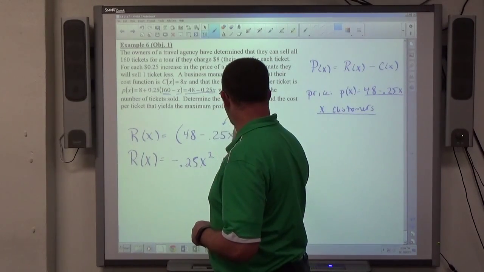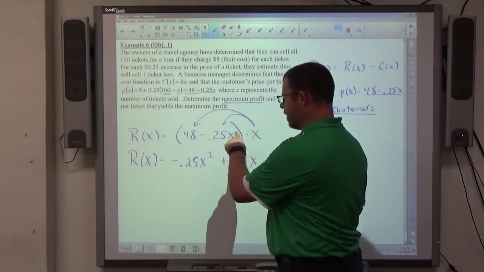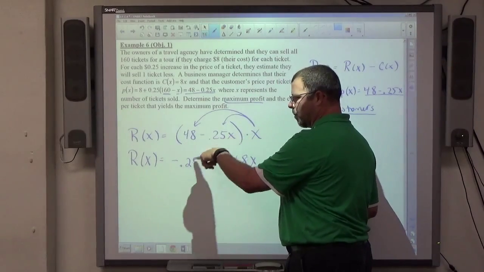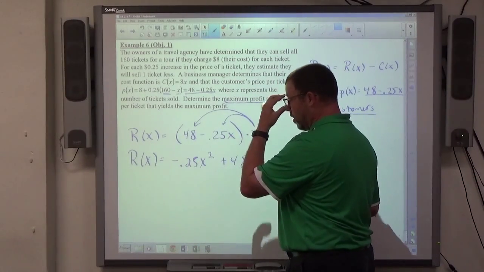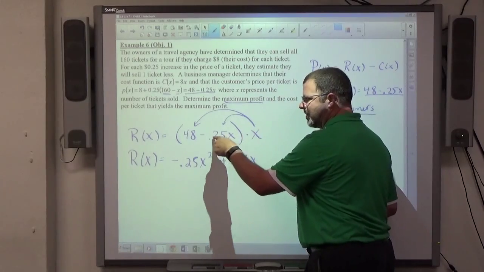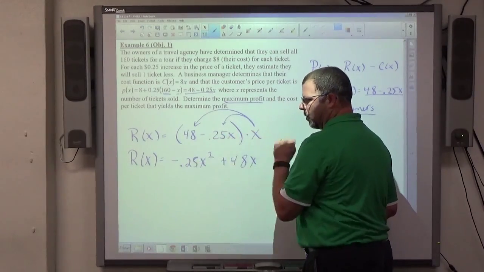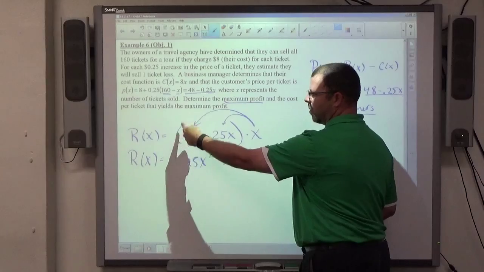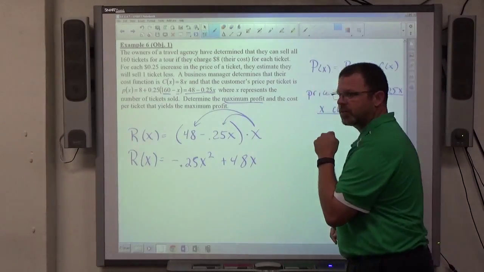Multiplying x times both things. And again, I want descending order, so I put my x squared in front. Notice that the 0.25x is negative, so when I multiply, I get the negative 0.25x squared. The 48 is positive, so I multiply that times x, get the positive 48x.